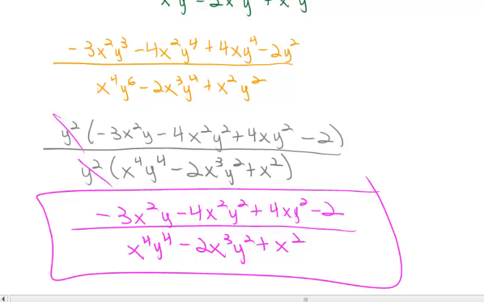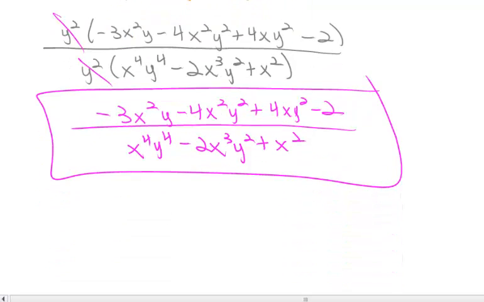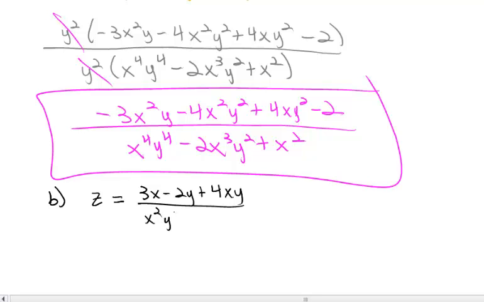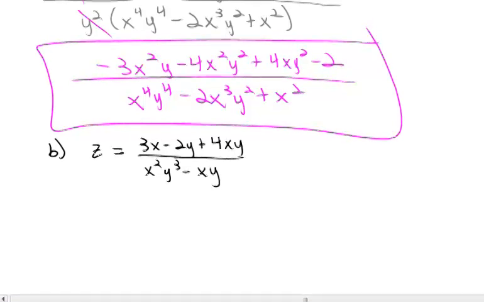So let's do the partial with respect to y of the same problem. B, if z is equal to, same function, 3x minus 2y plus 4xy over x squared y cubed minus xy, we are going to find the partial of z with respect to y this time.